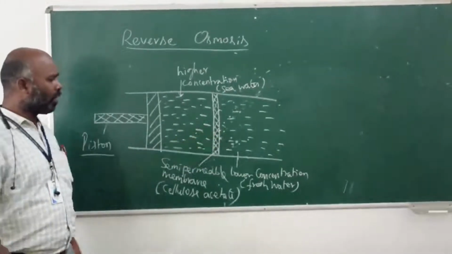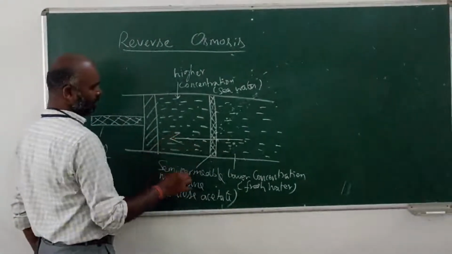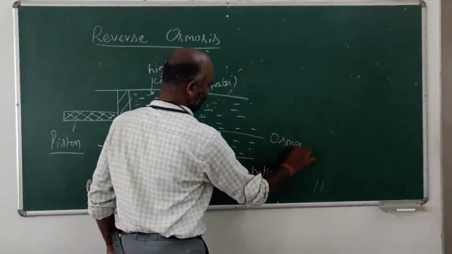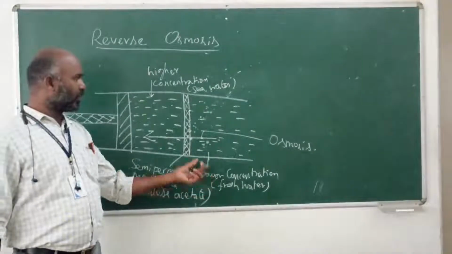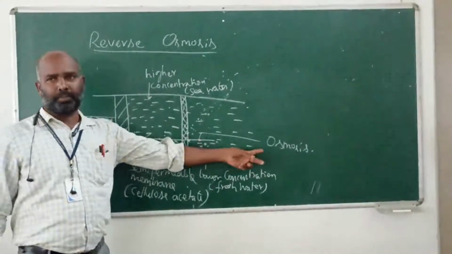Generally the water moves from lower concentration side to higher concentration side. It is called osmosis. Normally the water flows from lower concentration side to higher concentration side, and this process is called osmosis.